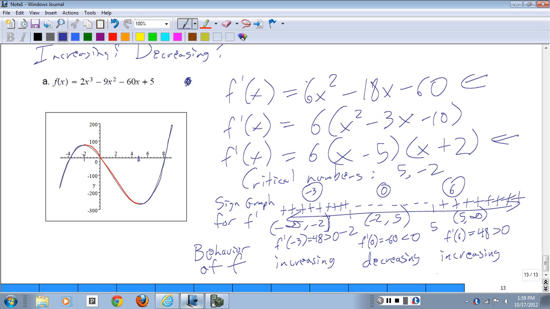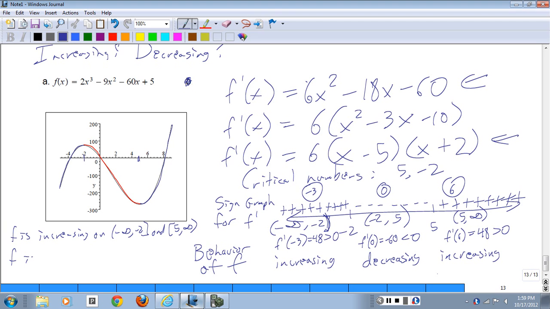So I'm going to say f is increasing on negative infinity to -2, including the -2, and 5 to positive infinity, including the 5.